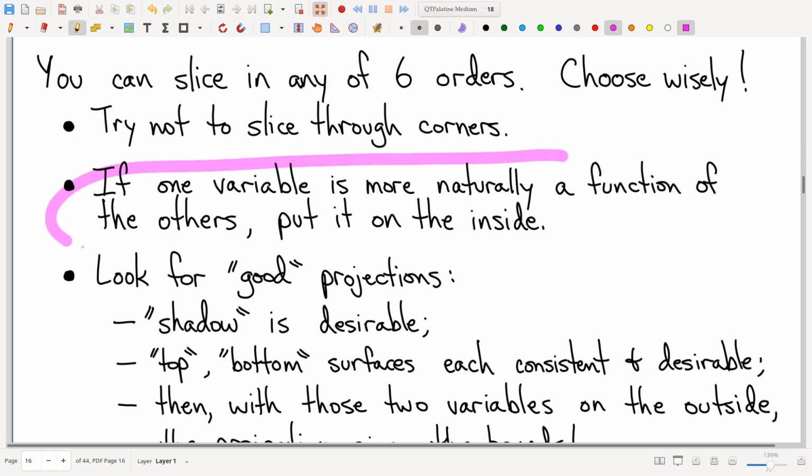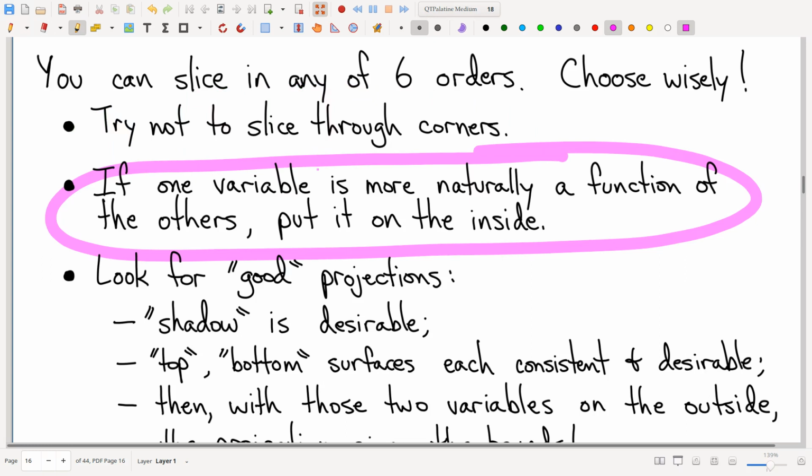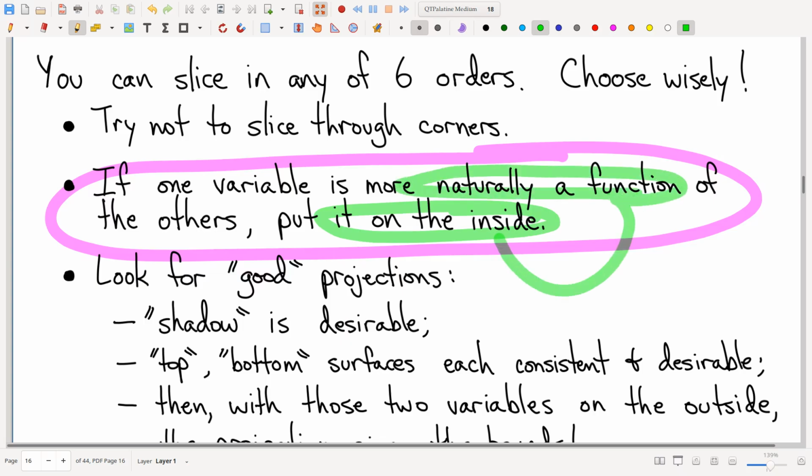Think strategically about what you would like to solve for, and whatever it is that you put on the inside, that's the one you're going to have to solve for. So put on the inside whichever one is more naturally a function of the others in an algebraically desirable way.